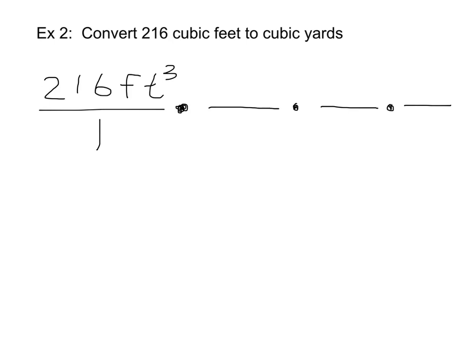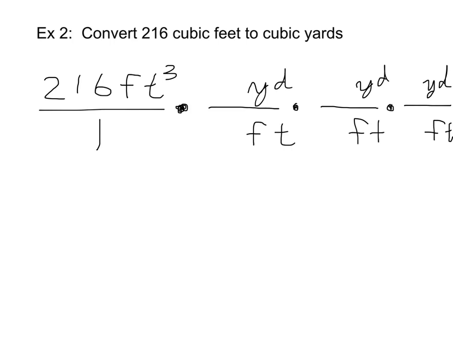And now again, our feet need to go down below. 1, 2, and there's our third one. And now we still have our direct conversion, feet to yards. We want our yards on top. And then our conversions, as always, we know that there's 3 feet in 1 yard.